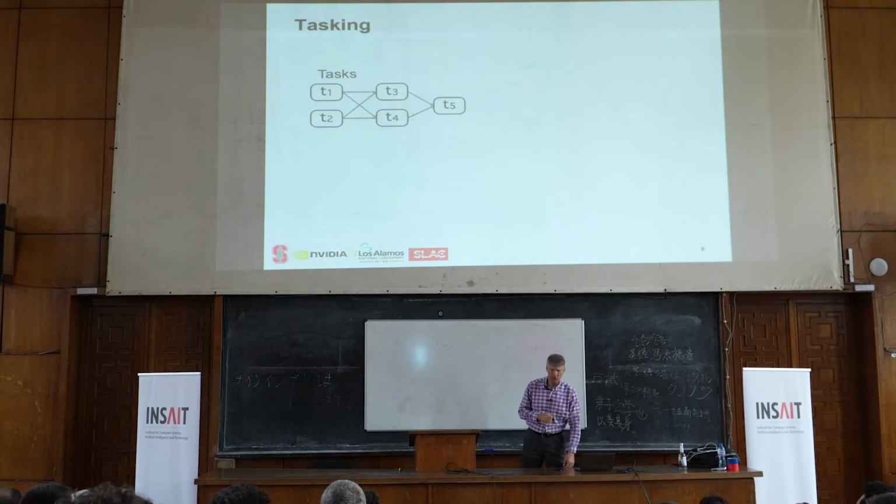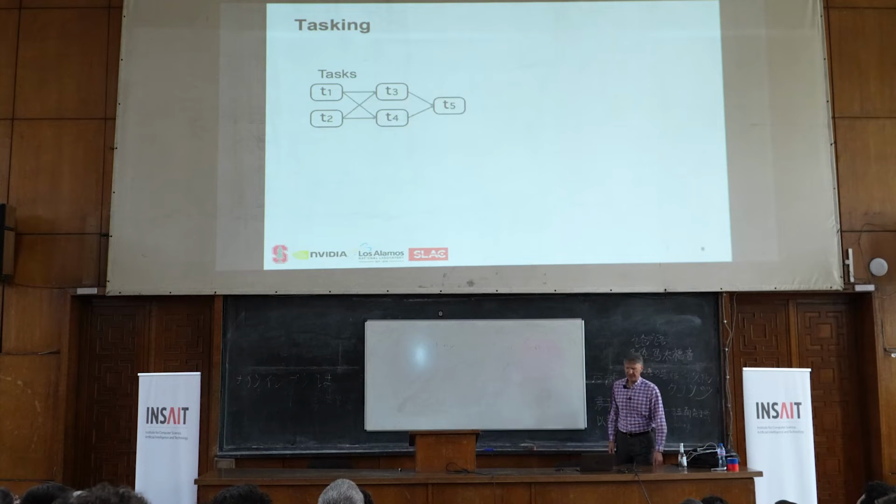So a little bit more about tasking and the programming model. So I said these tasks are just functions that are supposed to work on a lot of data. The program gets a hold of these tasks. I'll talk a little bit more about how that works in Legion at some point.